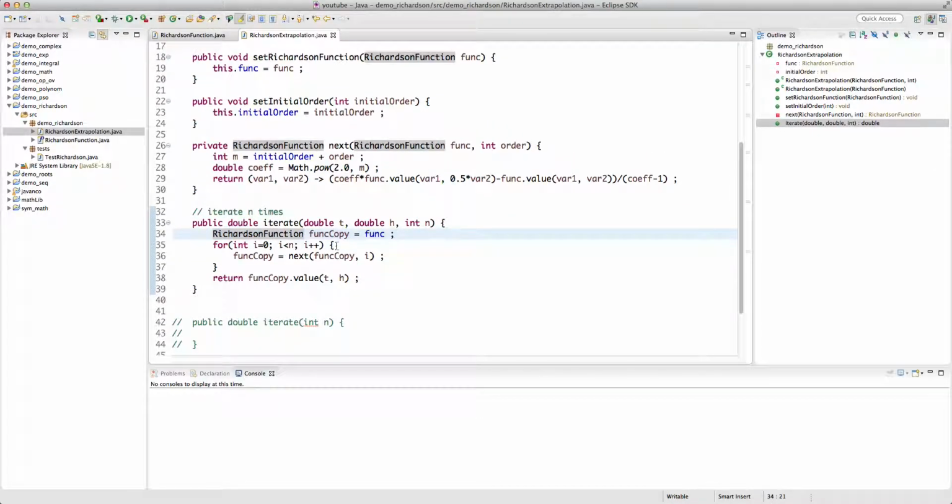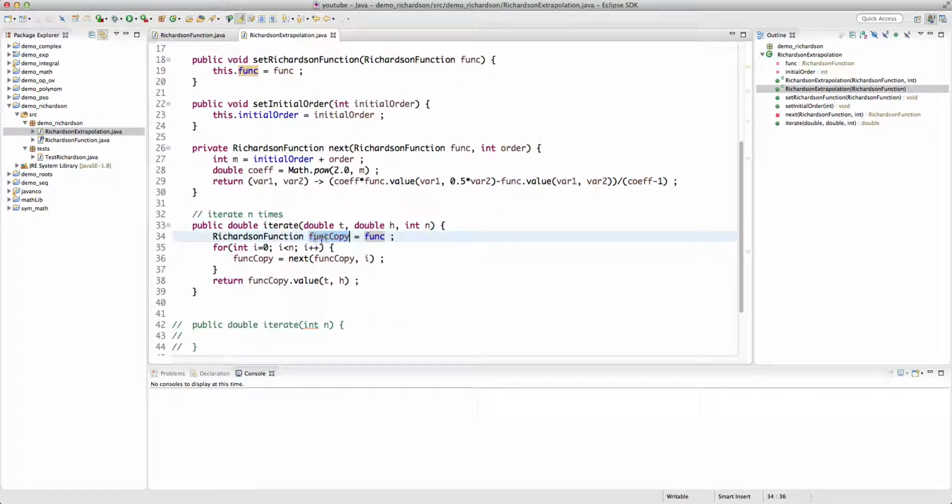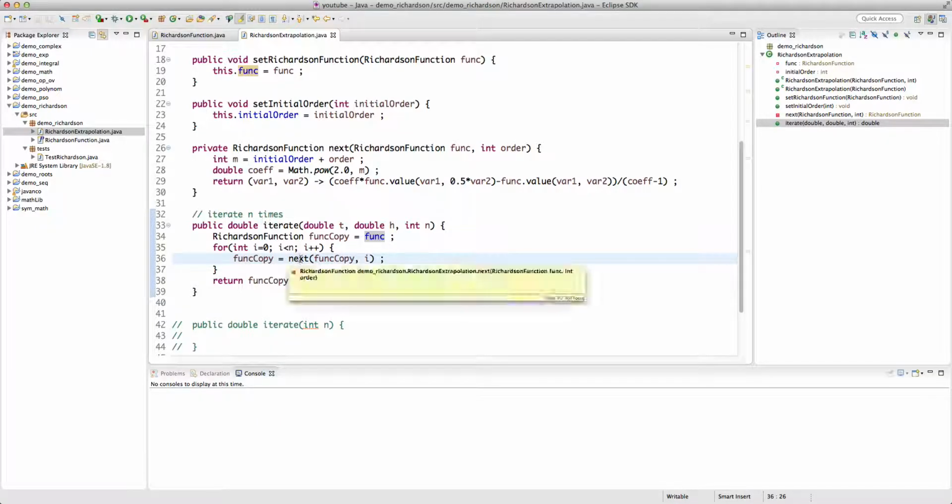So what I'm going to do here, I don't want to change the original Richardson function. So I make a copy, func copy of type Richardson function, and then for int i equals 0, i less than n, i plus plus, I write a method next. This next method takes the func copy and is iterated over the for loop, right?